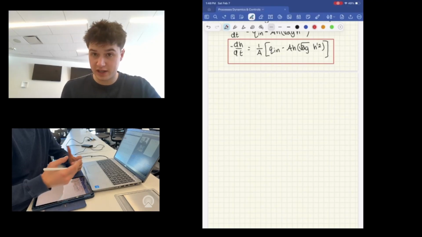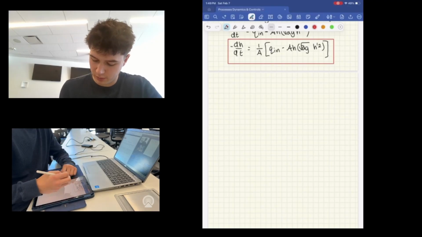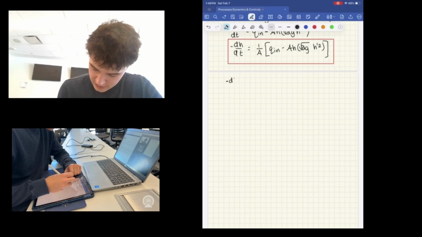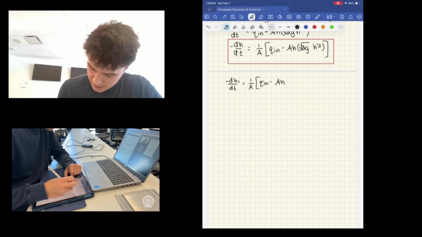So the first tank that we labeled with our variable 1, we are going to have negative dH1 over dt equals 1 over A times Qn minus AH times 2GH to the 1/2.